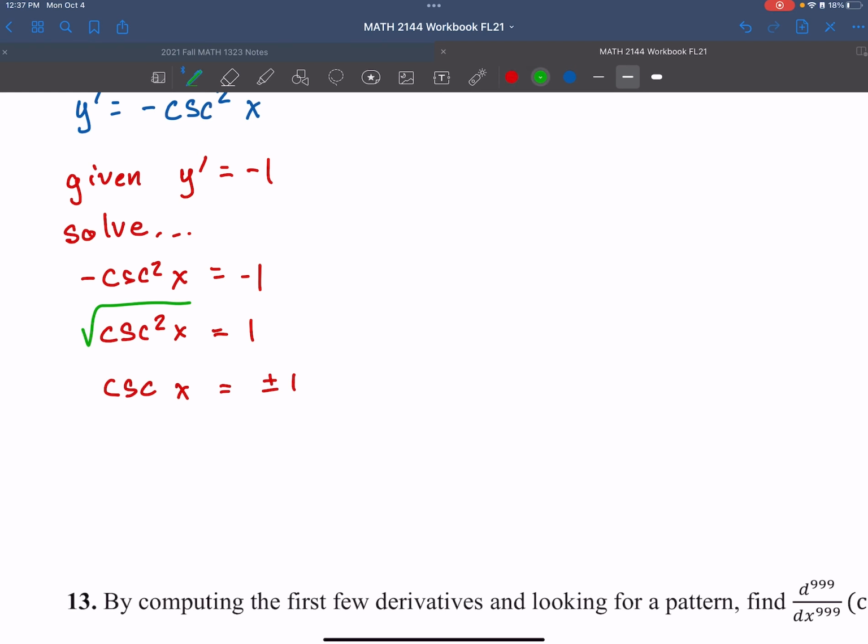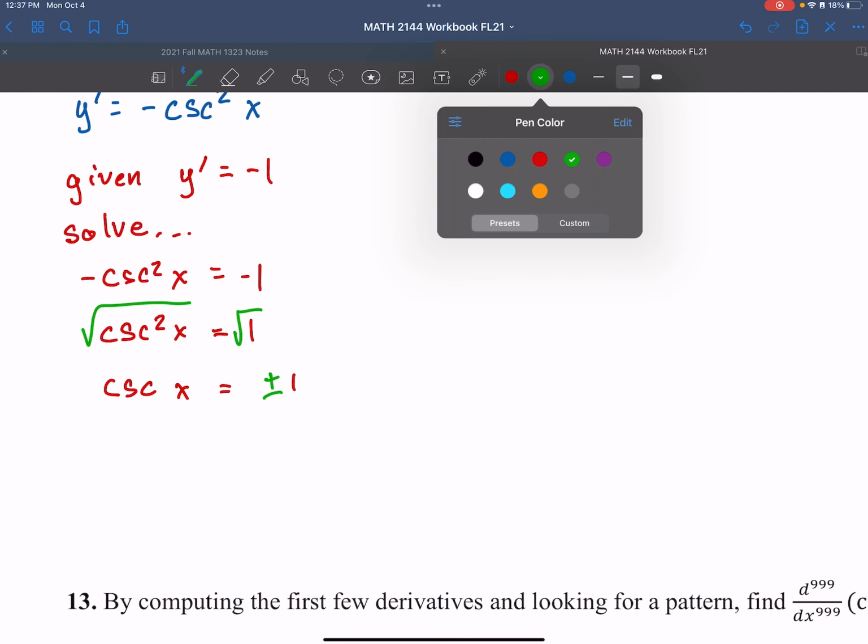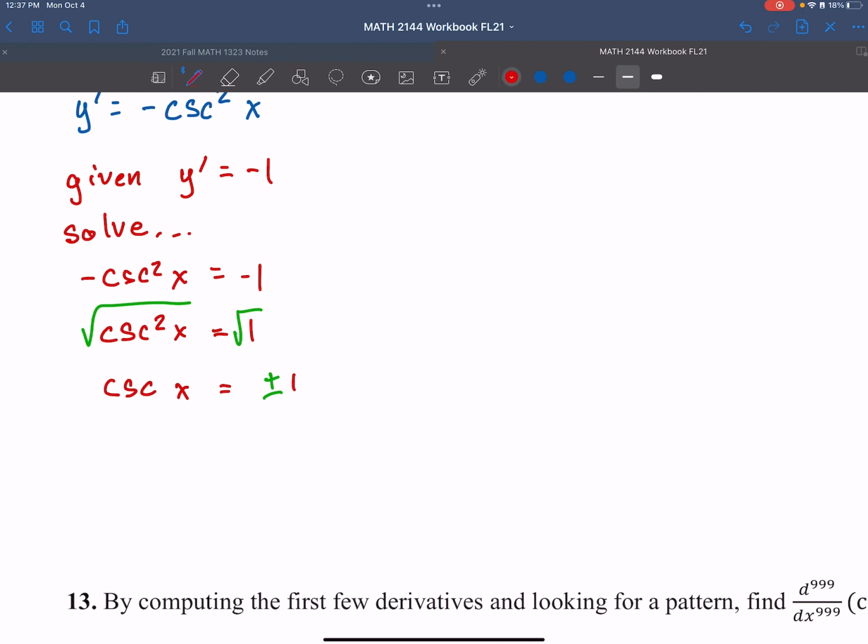All I'm doing is taking the square root of both sides. Remember, when you take the square root, when solving, you do need to consider plus and or minus. However you get here is really fine. So this is 1 over sine of x is equal to plus or minus 1. If you cross multiply or reciprocate, ultimately we end up with sine of x is equal to plus or minus 1.